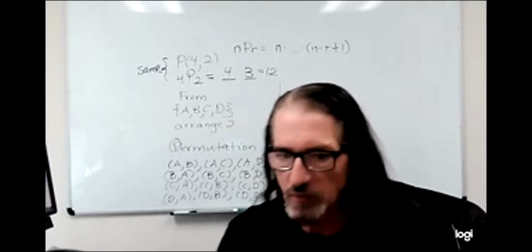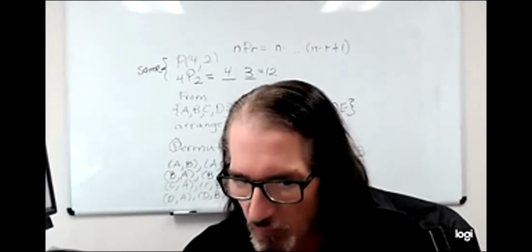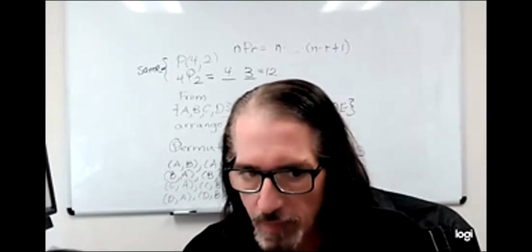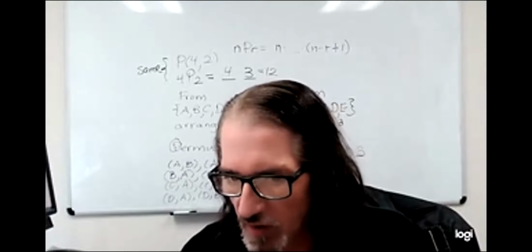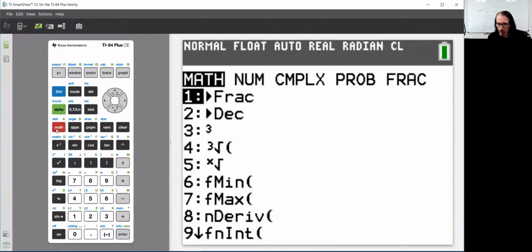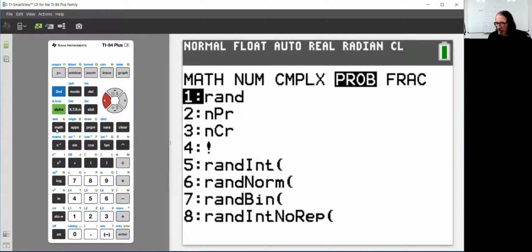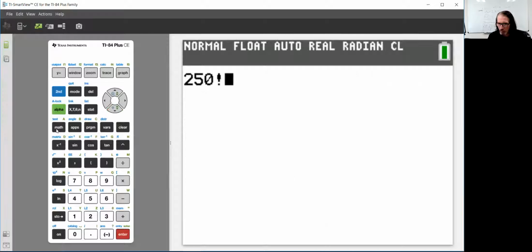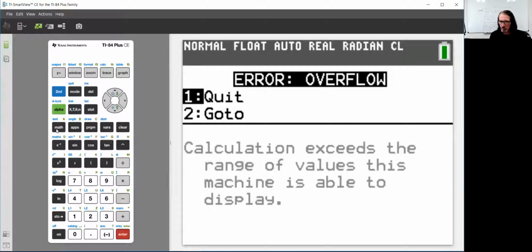I do not like to use the formula for permutations that involves factorials, and here's why. Factorials get very large very quickly. You can get a factorial by pressing the math key, and then on older calculators, it might say PRB instead of PROB, but in any case, should still be your 4th choice. 250 factorial is huge.